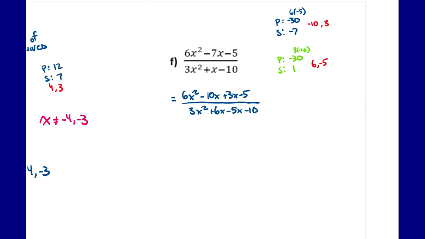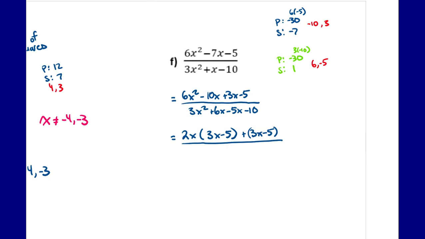There's still nothing I can do in terms of finding any restrictions, so I'm going to go through as normal. I'm going to continue to factor. Factor by grouping the top, I can take out a 2x, and I'm left with 3x minus 5, plus 3x minus 5. I'm going to put that in brackets because that's a common factor that I'm going to take out later.